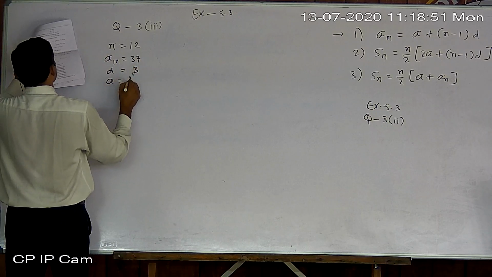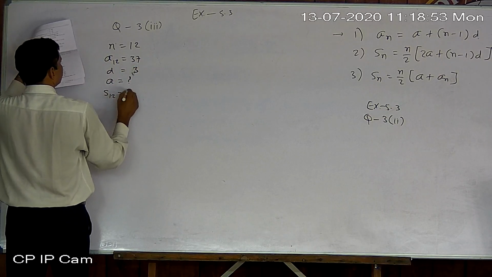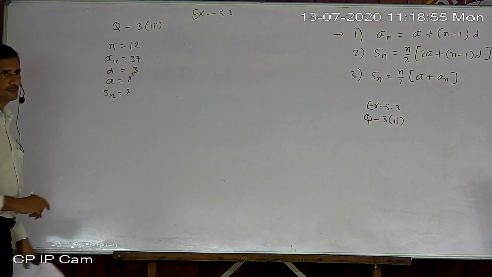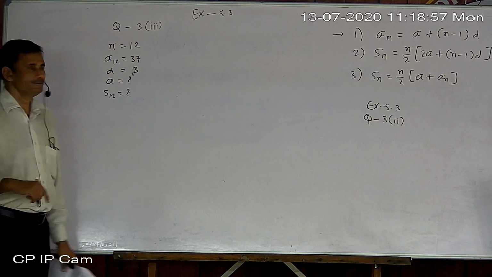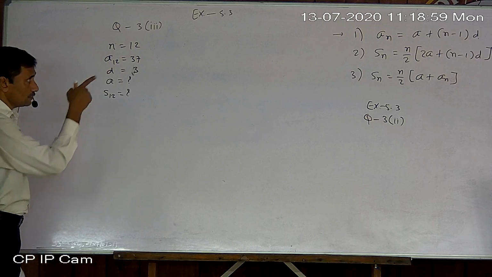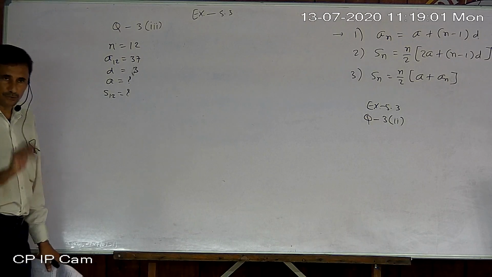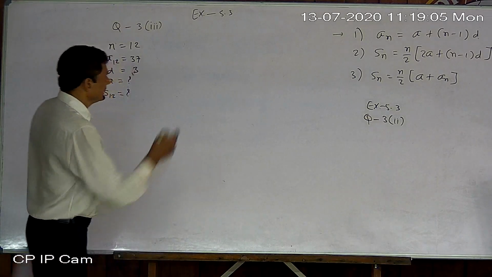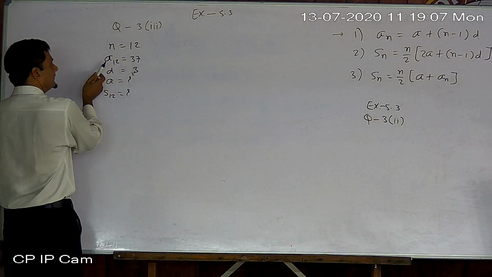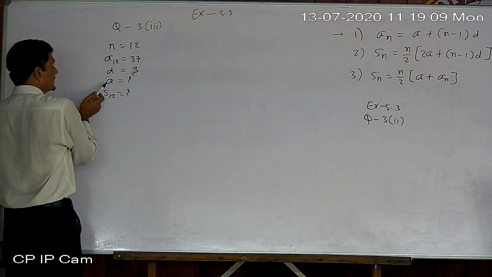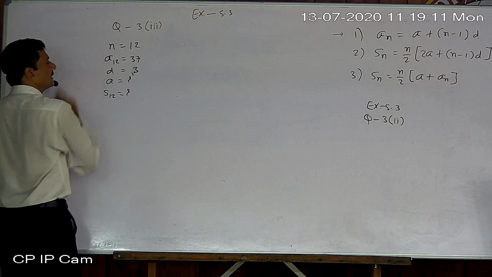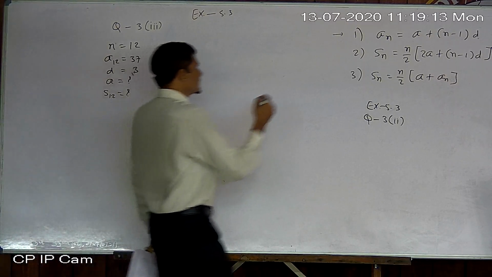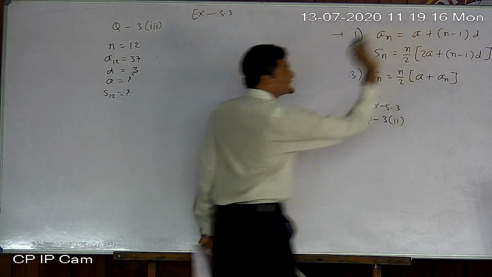What is asked? a and S12. Again look, just like the first and second one, here also the first one is applicable. Mostly the first one is applied as the starting point. Why? Look, a_n is given, a is not given, n is given, d is given. So except a, everything is given.